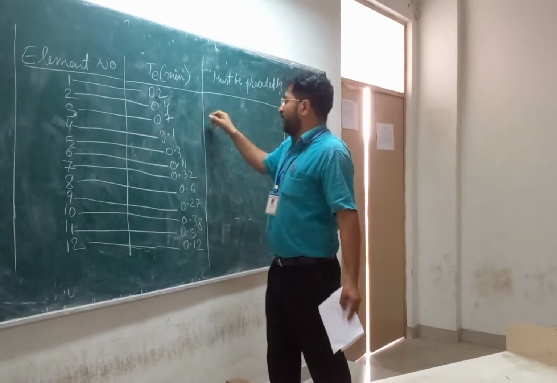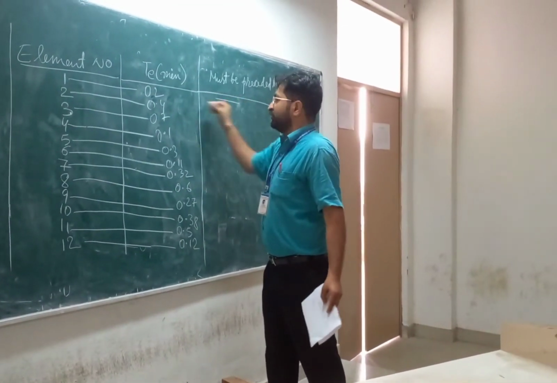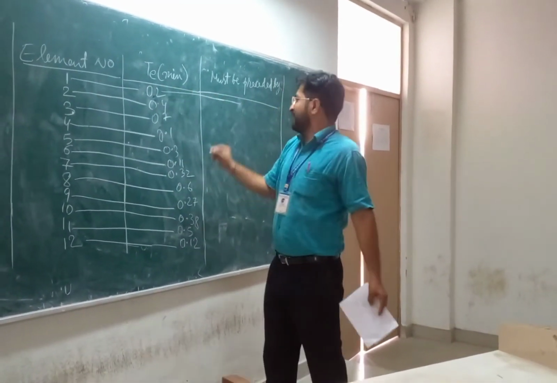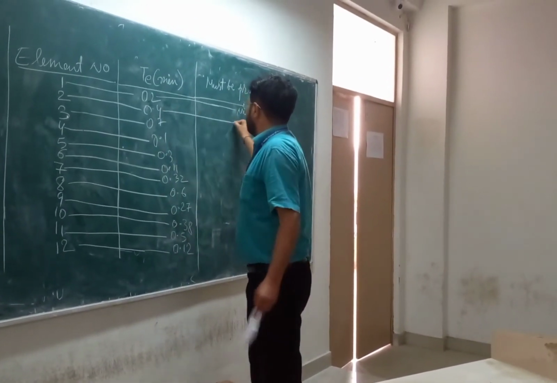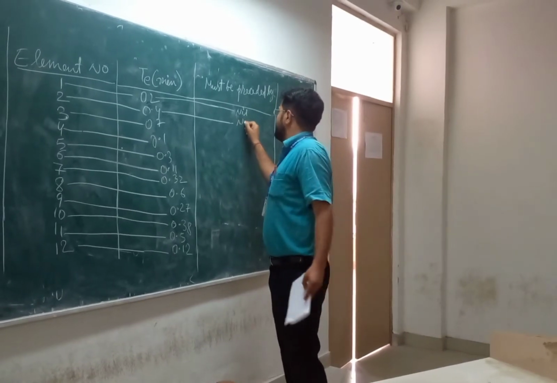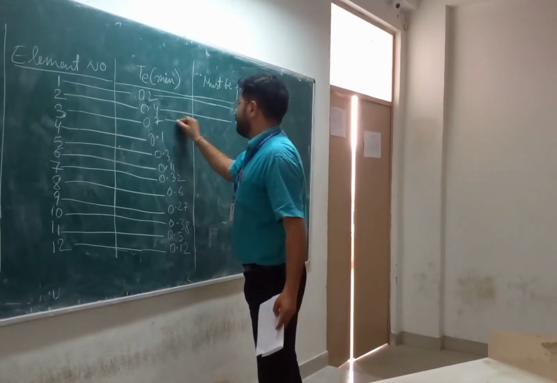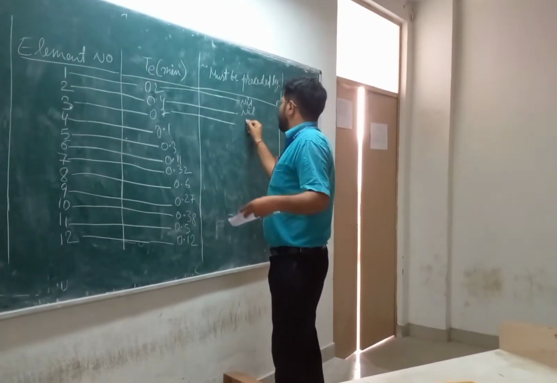For element number 1 there is no preceding, so it is nil. For element number 2 again the preceding is nil. For element number 3 the preceding is 1.